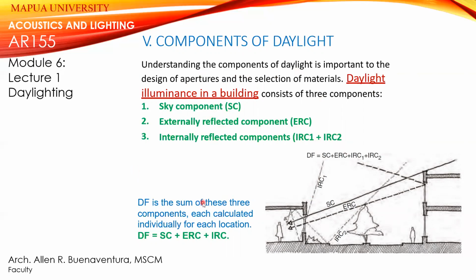So the DF is the sum of these 3 components, each calculated individually for each location. So you need to calculate the different illuminance of the daylight, and you add all of them, and you can create the DF or daylighting factor. Okay.